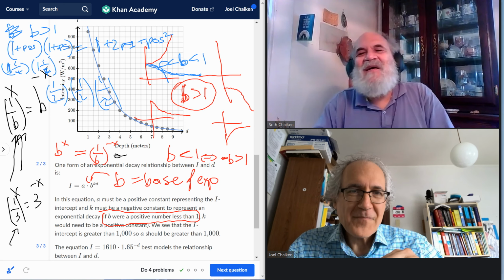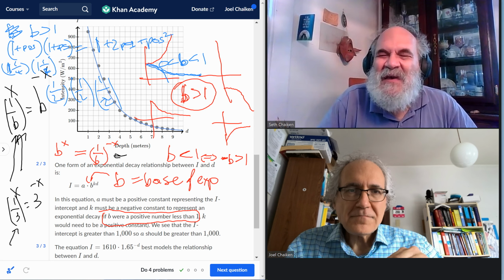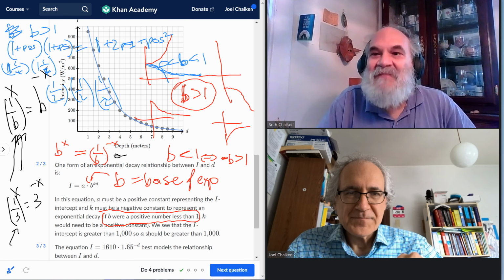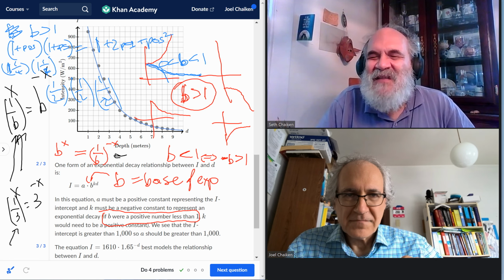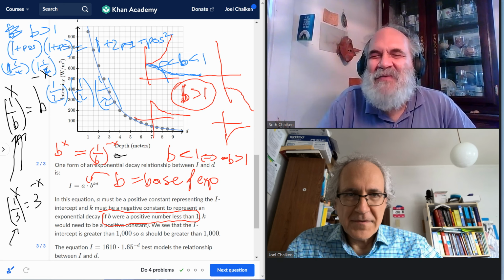That's what mathematical thinking is about. No matter how small it is, if it's non-zero, there's a logical difference between something being 0 and non-zero. Absolutely.